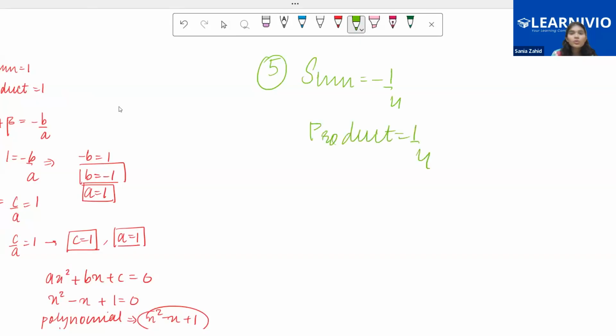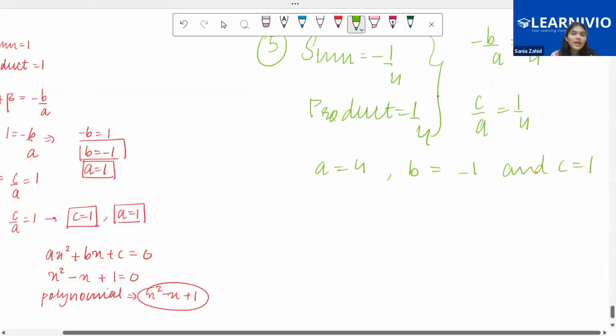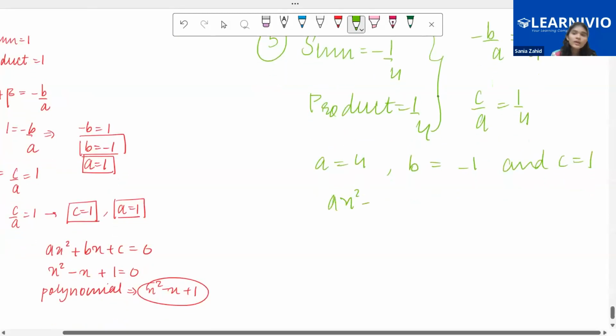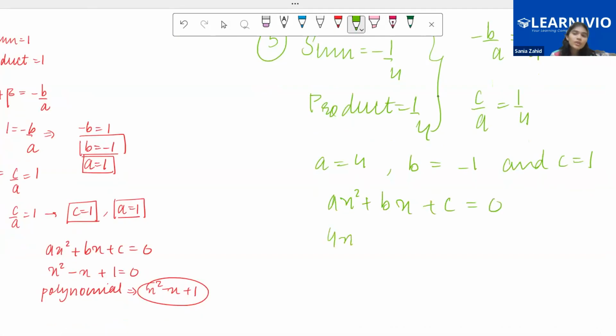Right? So we know that minus b by a is 1/4 and c by a is 1/4. That gives you the value of a as 4, b as -1 and c as 1. So that means in ax square plus bx plus c gives you 0, 4x square minus x plus 1 gives you 0.